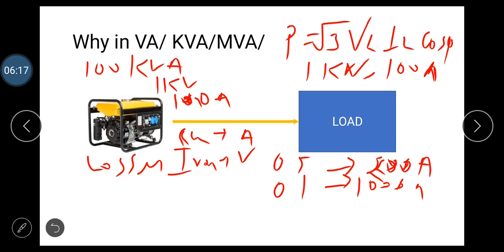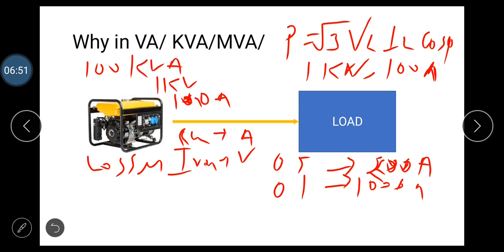Okay, now if you see, the load power depends upon the power factor. That means the current drawn from the alternator depends upon the power factor. Suppose I am giving it in kilowatts, so kilowatt is only real power, and this real power depends upon the cos phi.